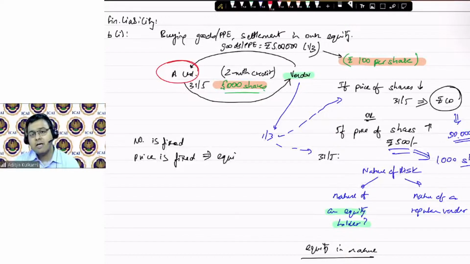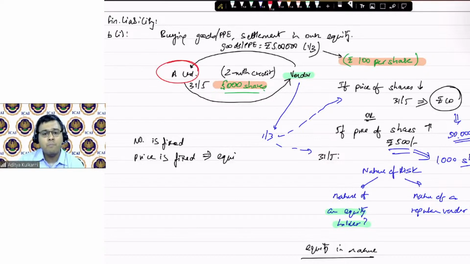In the first case, A Limited had the obligation to deliver only its own equity shares. I'm using obligation loosely, okay? He had the requirement to deliver the equity shares. That's it. But now he is required to deliver equity shares worth 5 lakhs.